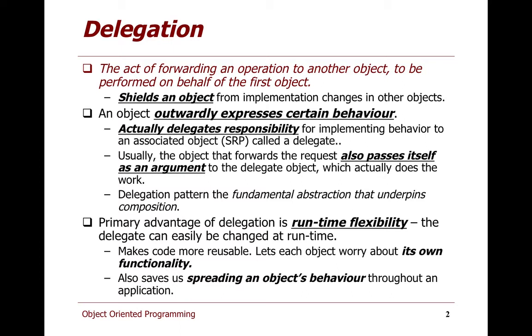It also saves us spreading an object's behavior throughout an application. It's only used when it's necessary, and it's only known about to the greatest extent possible internally within a method. That means that if it ever needs to be changed, because it's encapsulated inside the method, it can be changed without adversely impacting any other part of the program.